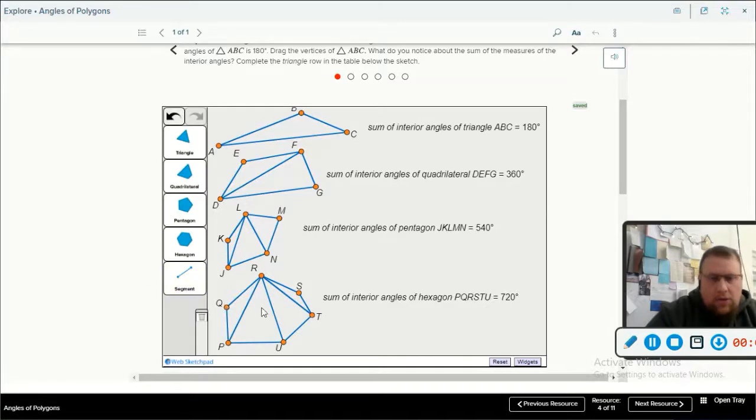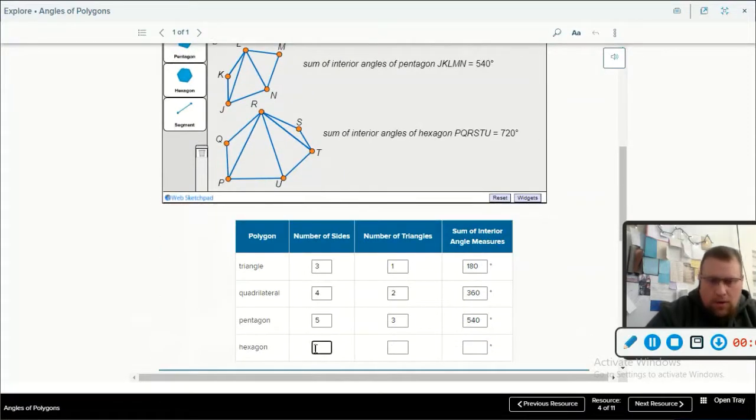Now look at this. How many triangles did I just separate this into? 1, 2, 3, 4. So it's a 6-sided figure made up of 4 triangles, and that is 720 degrees.